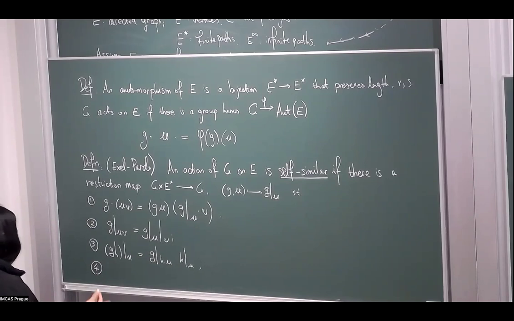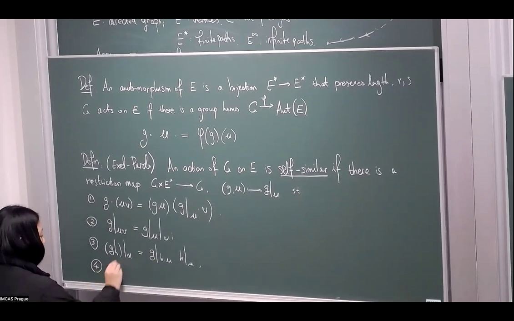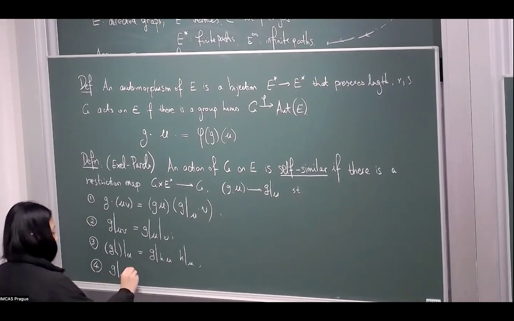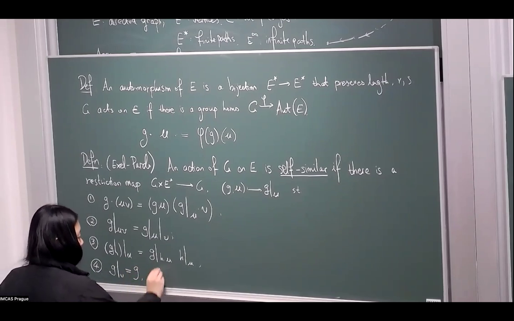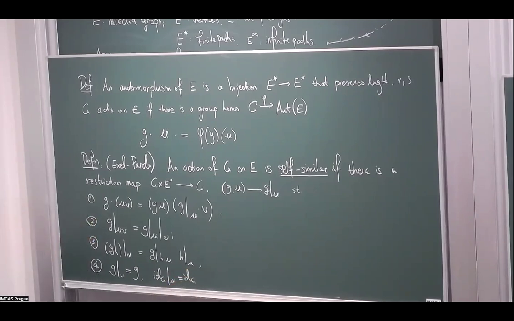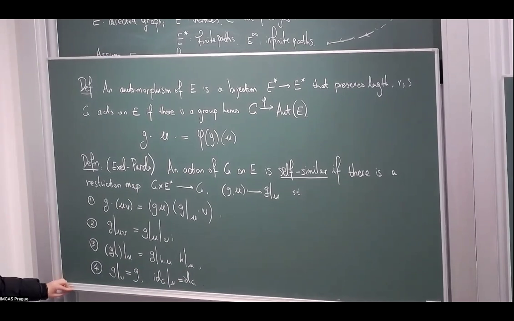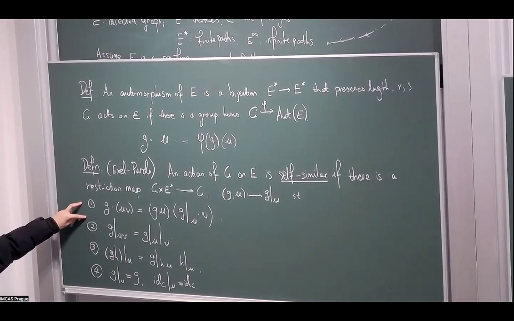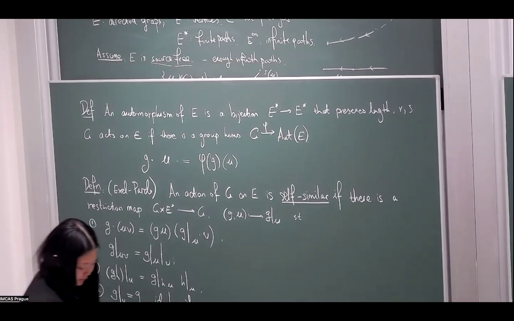And lastly, if you have the identity element of the group, restricted to anything, it's still just the identity element. So if you think of these as axioms, this is a really important thing, and the remaining bits are trying to make sure that you're actually defining an action of G on this finite graph.